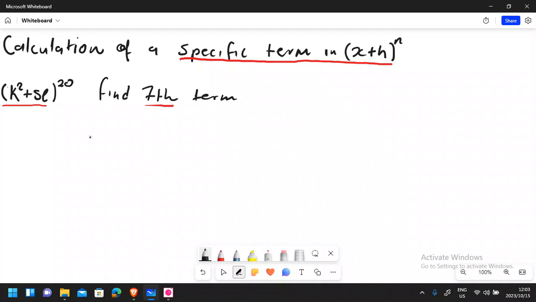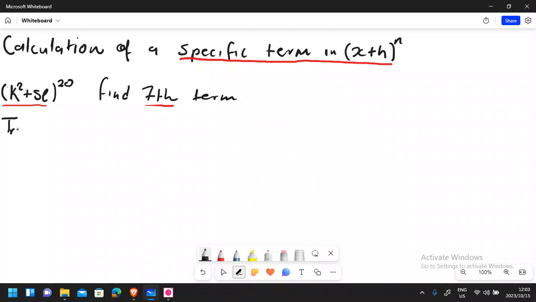So guys, in order for us to find a specific term, in this case the term that they want us to find for this expression is the seventh term. Now there is a formula that you must use. So this is the formula.